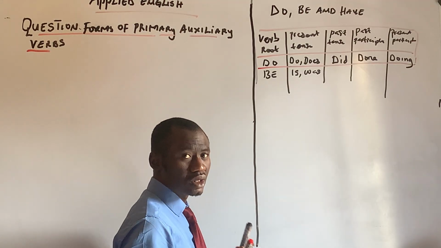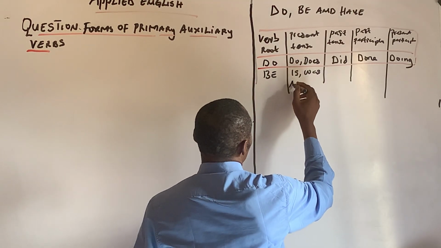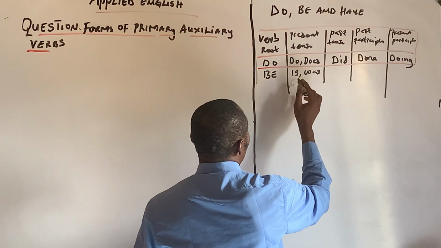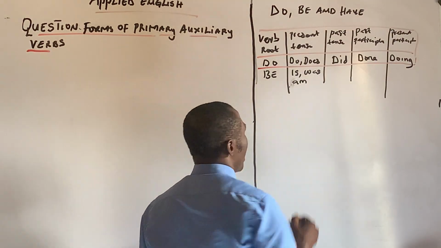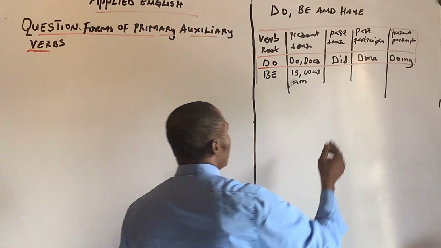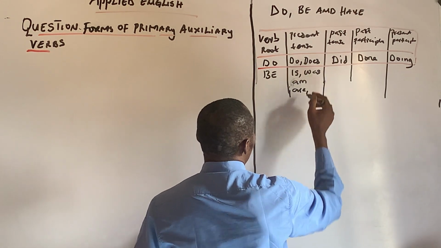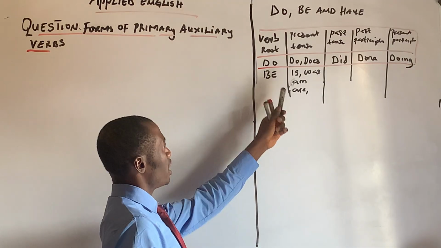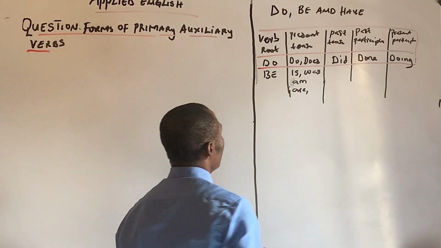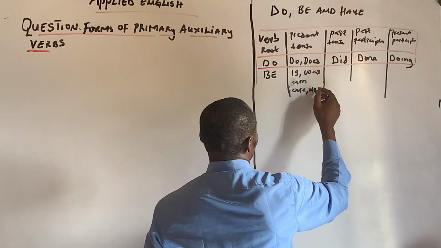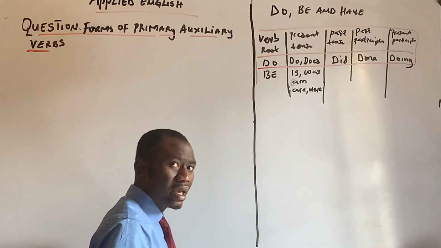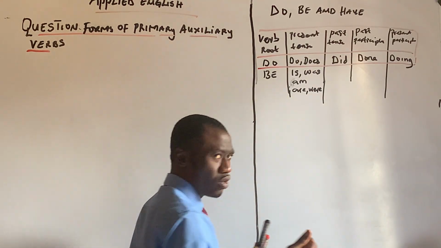For the plural subject, are. And we have another singular subject, am. Now, for the plural, we have are, which is the plural form of is, and we have were, which is the plural form of was.